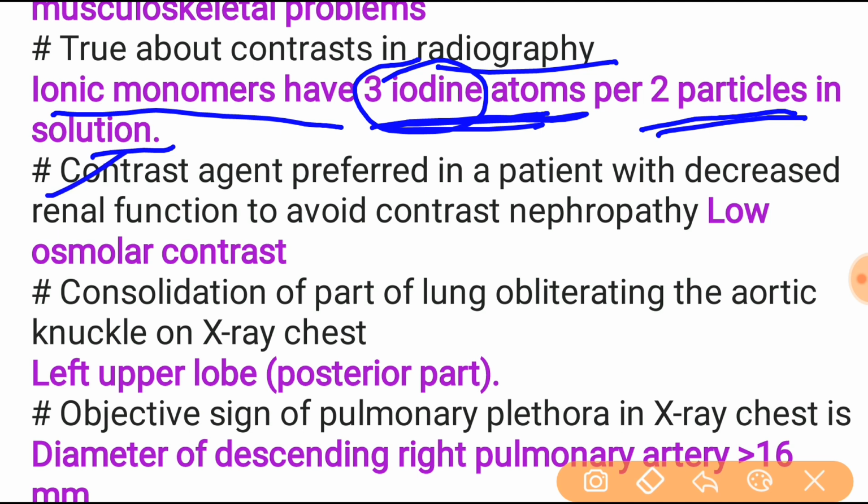The contrast agent preferred in a patient with decreased renal function to avoid contrast nephropathy is low osmolar contrast. Consolidation of the part of lung obliterating the aortic knuckle on chest X-ray is left upper lobe, posterior part.